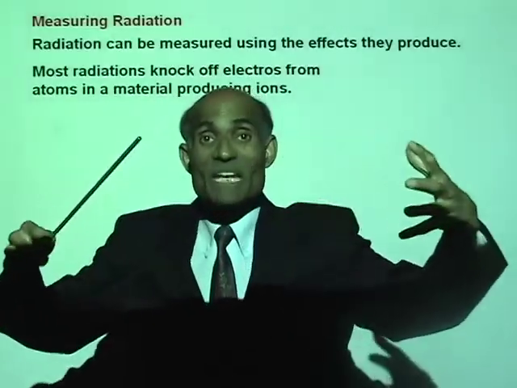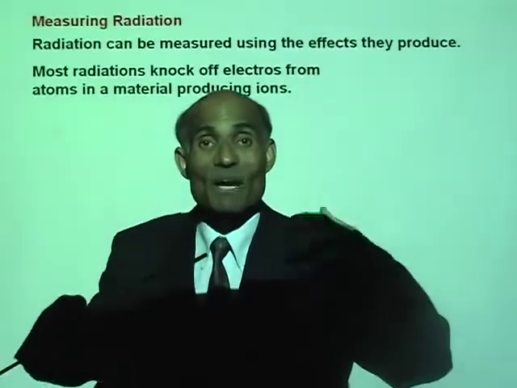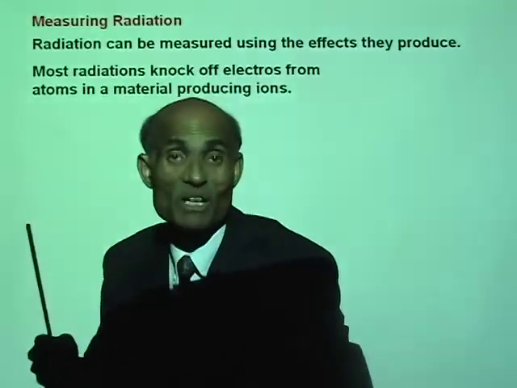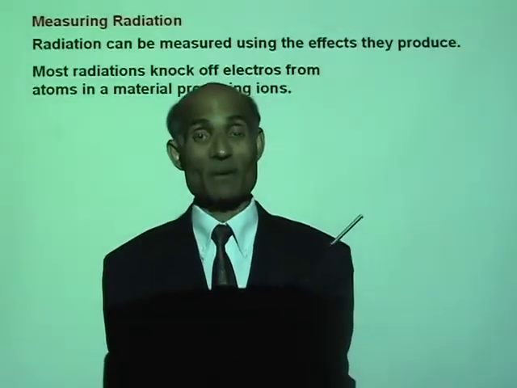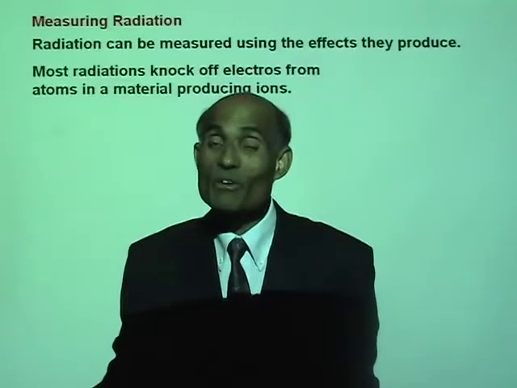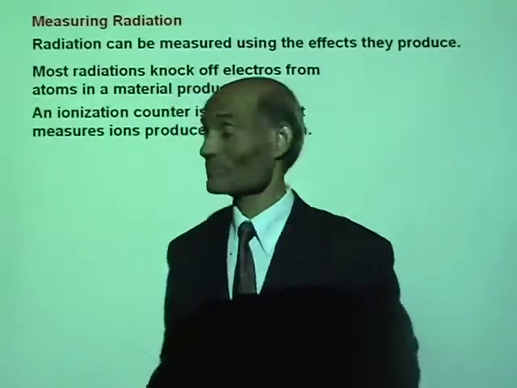And when there are many such ions in that air, it becomes electrically conducting. An electric current will pass through that air. Normally, air does not allow electric current to pass through it.